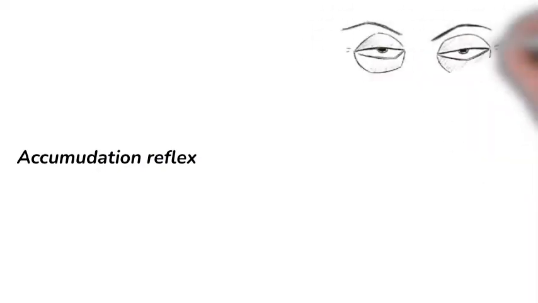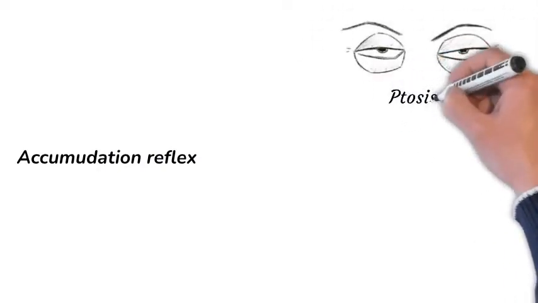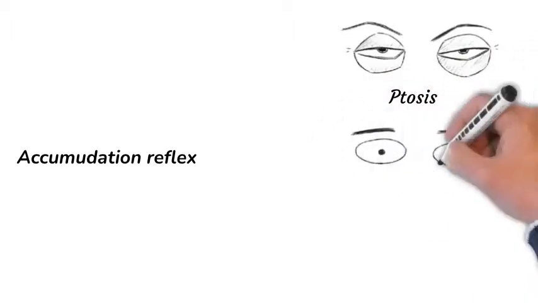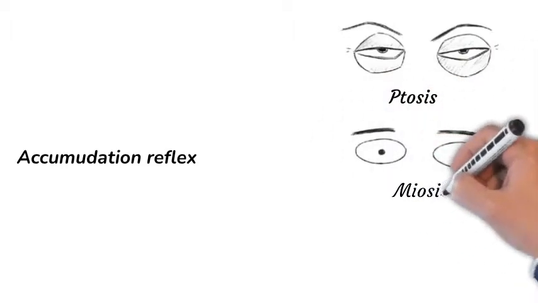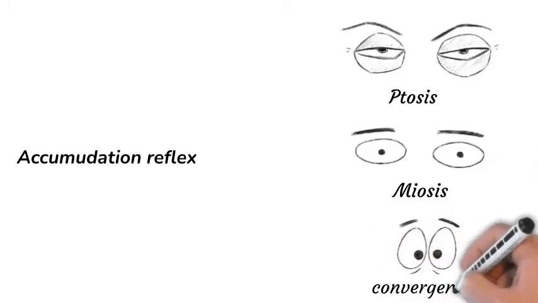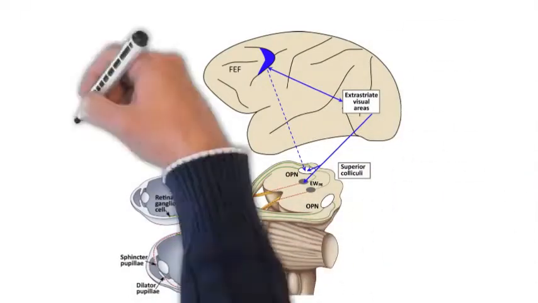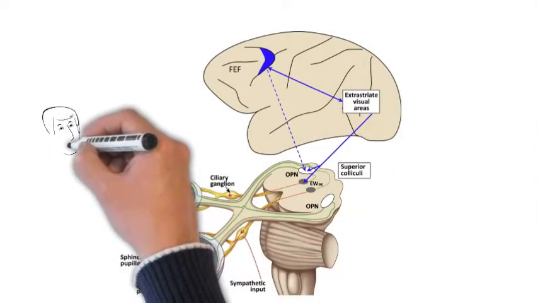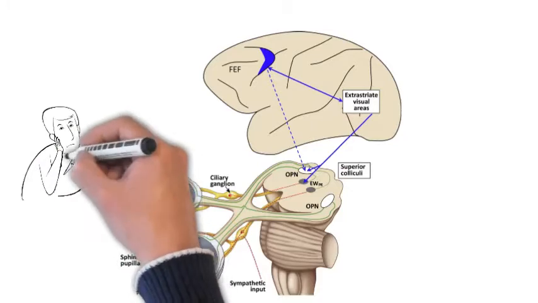What about the accommodation reflex? This reflex consists of three changes. There will be ptosis, meiosis, and convergence. How does the accommodation reflex occur?